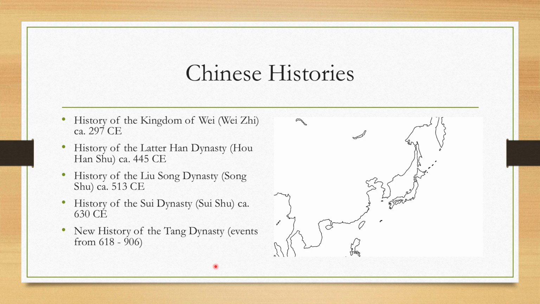So I want to go in and talk a little bit now about the Chinese histories. Again, for the periods that we've been talking about so far, there are no written records from Japan or from any of the Yamato rulers at this time yet. So we have to look instead at Chinese histories, which describe what Japan was perhaps generally like, at least seen through their eyes at this time.